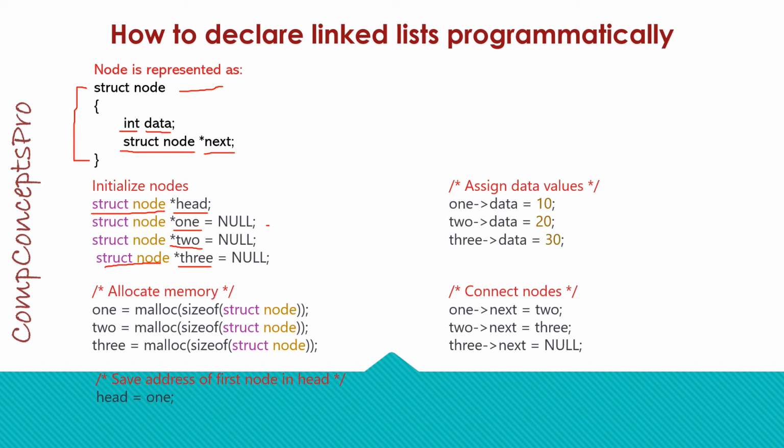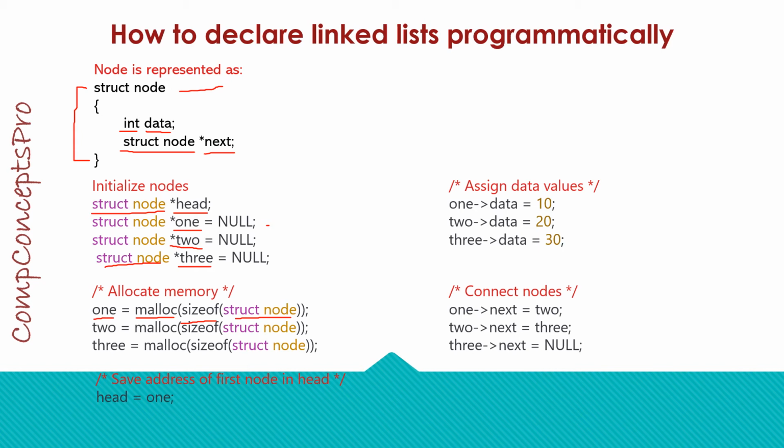For node 1, we are going to allocate the memory with the help of the malloc function. It is declared like this: malloc, and the size should be equal to the size of this structure node. So that much memory we have to allocate for this node. Similarly for node 2 and node 3 as well.